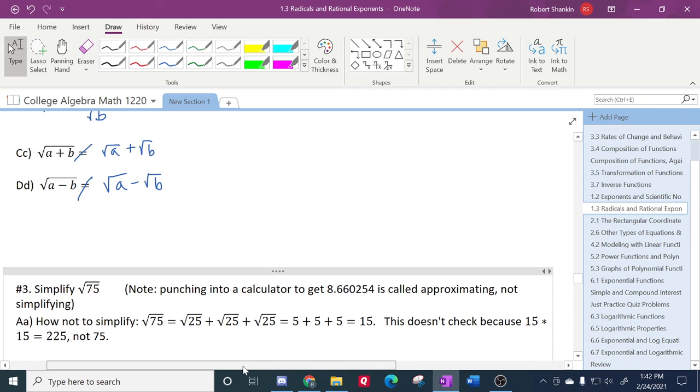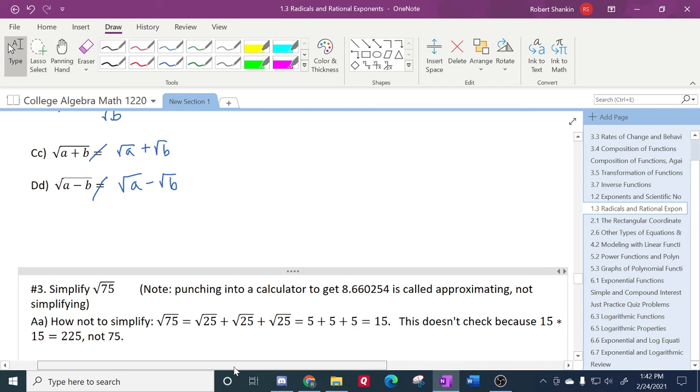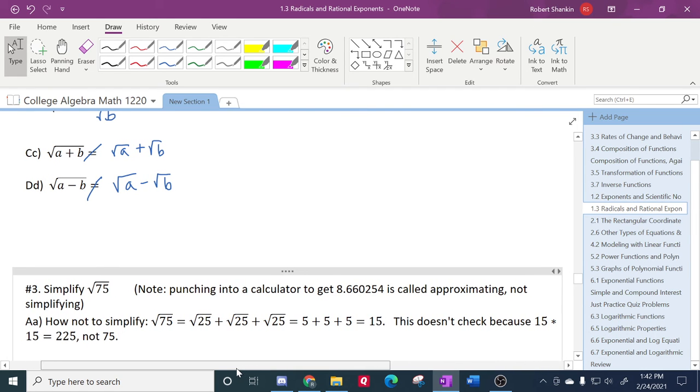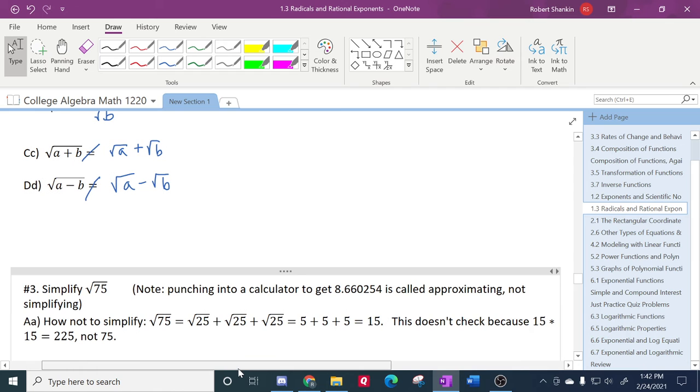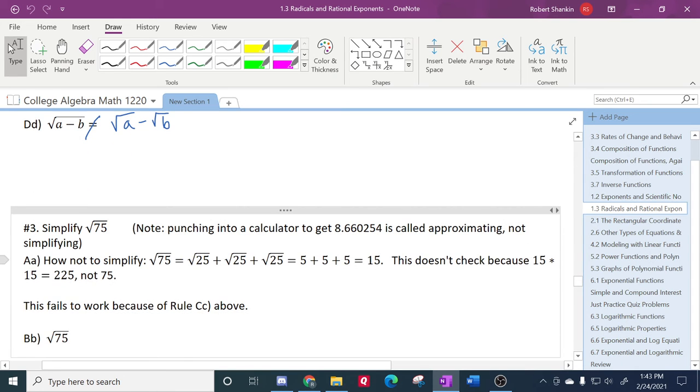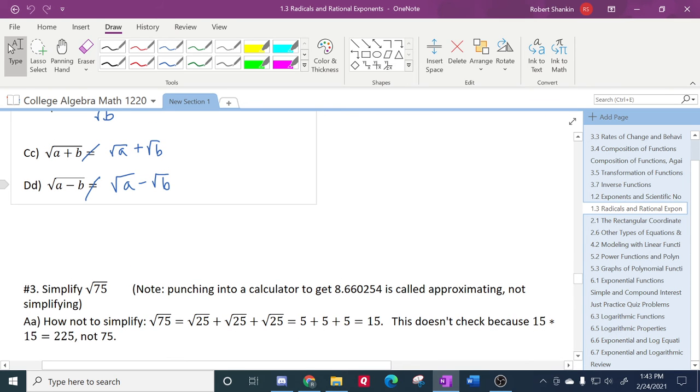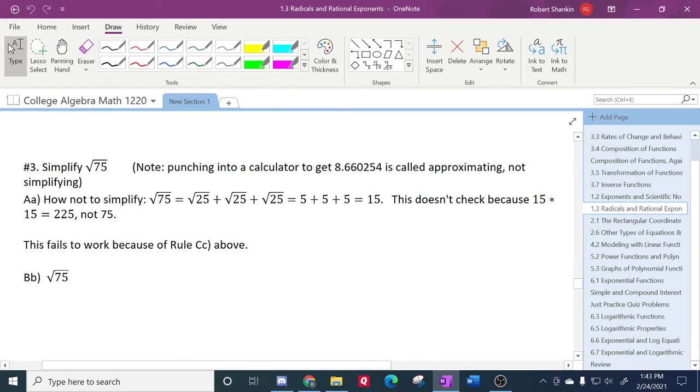This doesn't check, because it turns out that 15, which we claimed was the answer, if you take 15 times 15, you get 225, not 75. So it's clearly not the correct answer. This fails to work because of property C above.